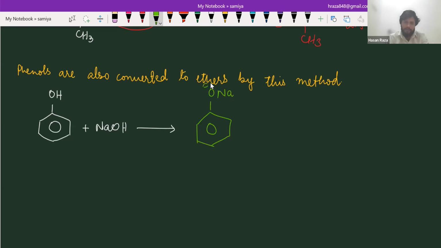There will be a negative phenoxide ion, and then this will react with RX. First, we will make the phenoxide ion, and then there will be negative, there will be positive, and NaX will be eliminated. Please write.